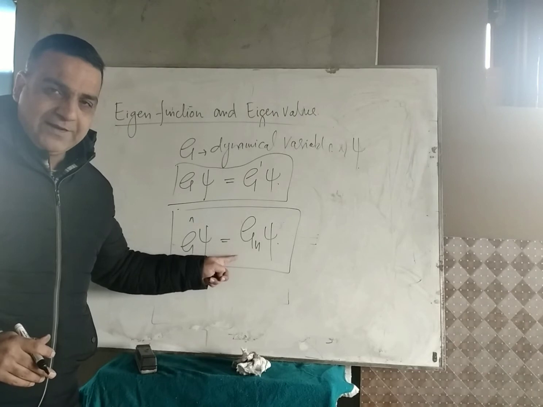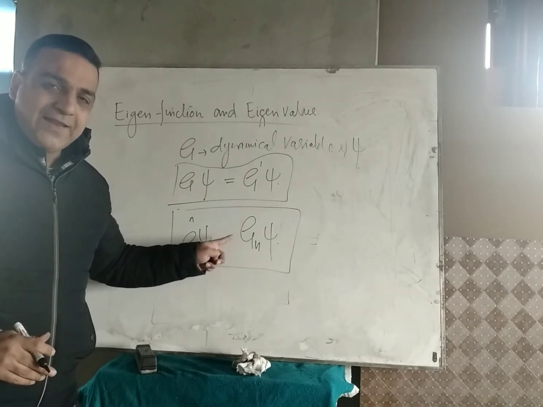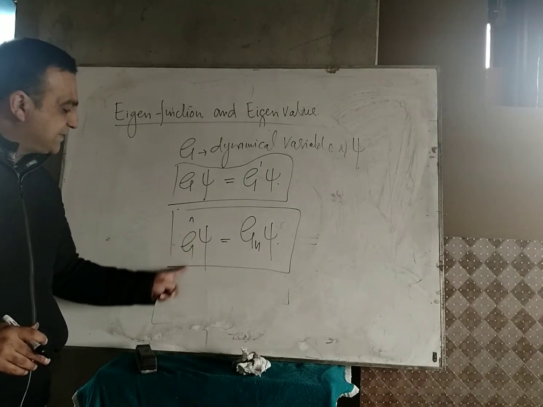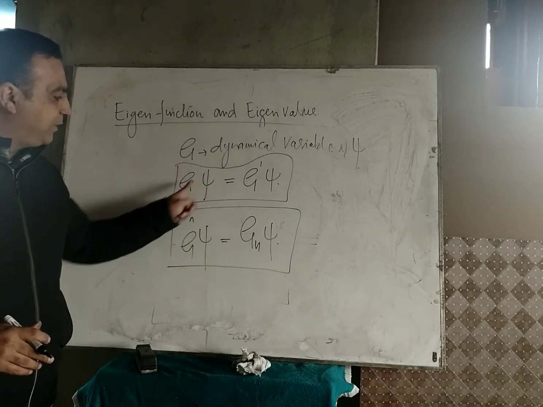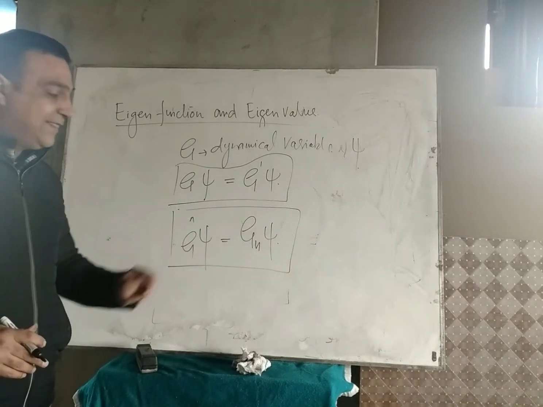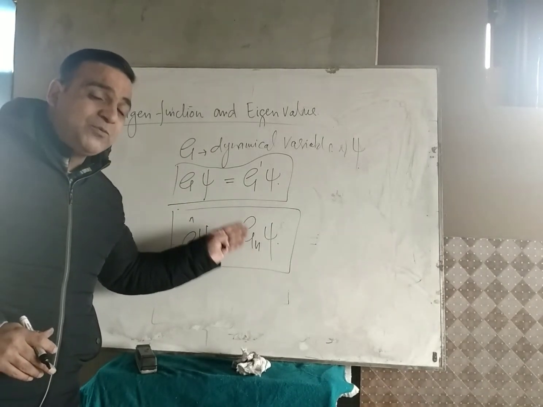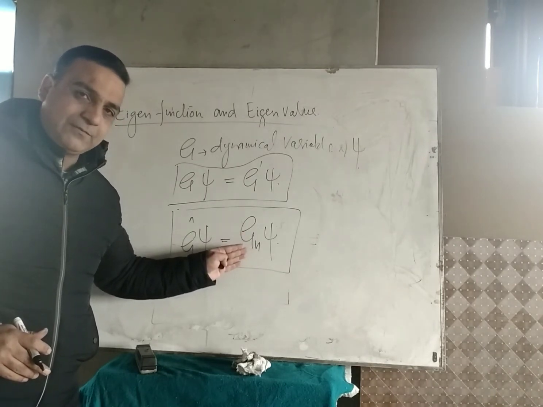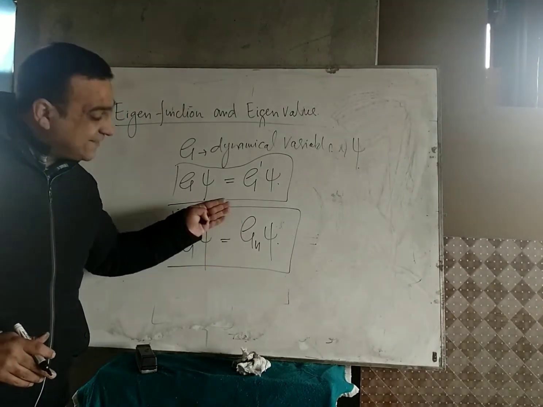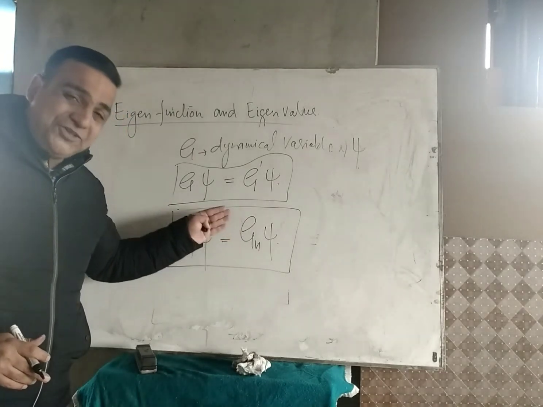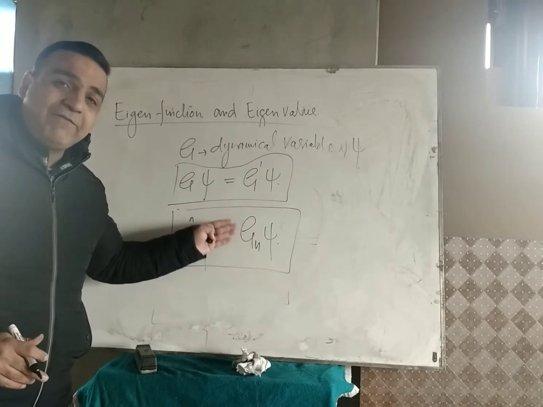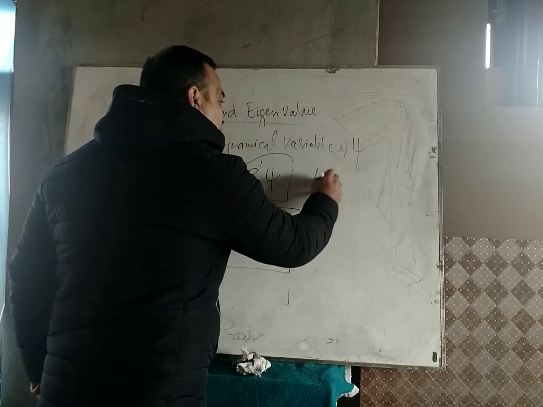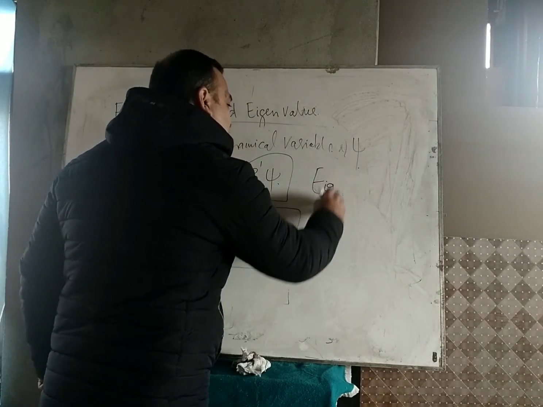And secondly, the values that are evaluated by operating on this psi using the operator of this dynamical variable G, these values that we obtain for those bound problems are quantized values. And the values that we are going to assign for G are referred to as eigenvalues.